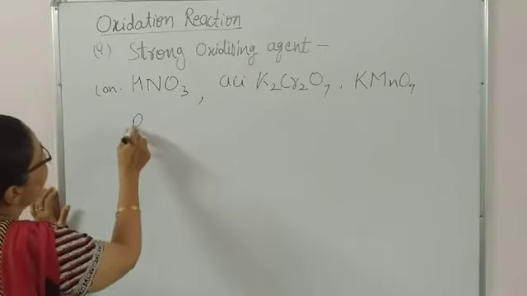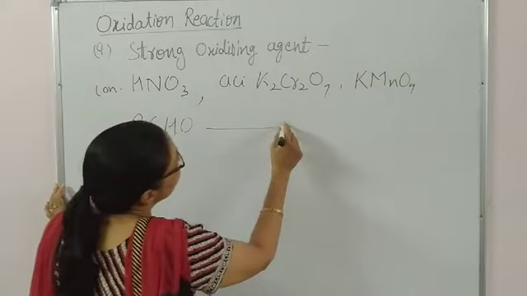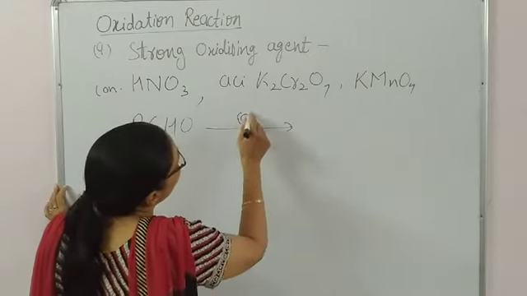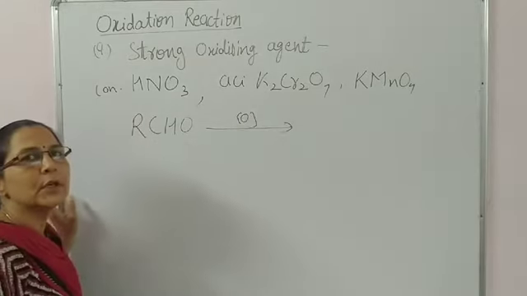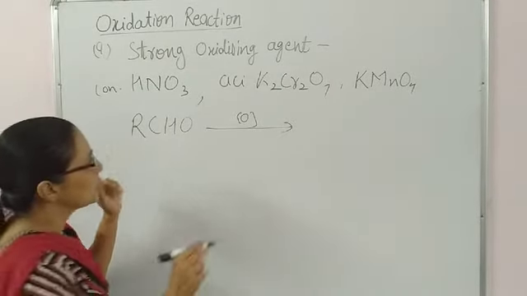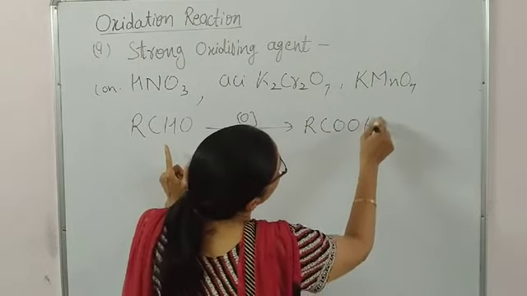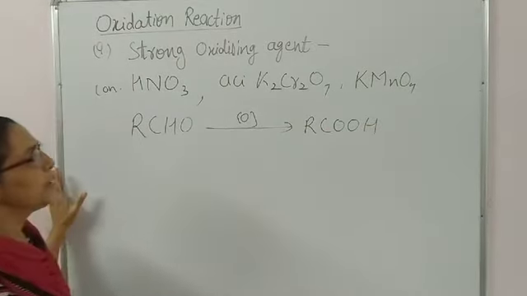For example, aldehyde: out of the above three reagents, any one of the reagents will be there. Aldehyde will convert into the carboxylic acid containing the same number of carbons. So R is the group, and with the addition of oxygen, carboxylic acid will be the compound.